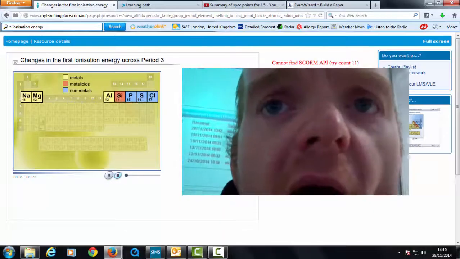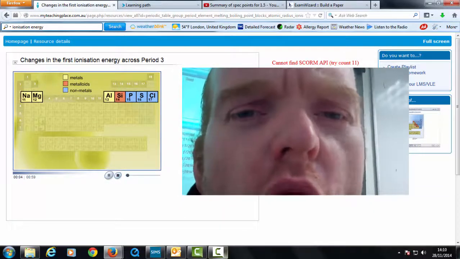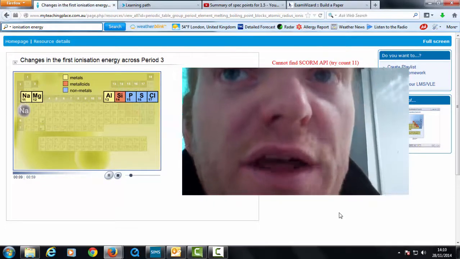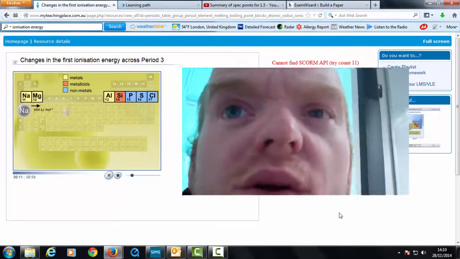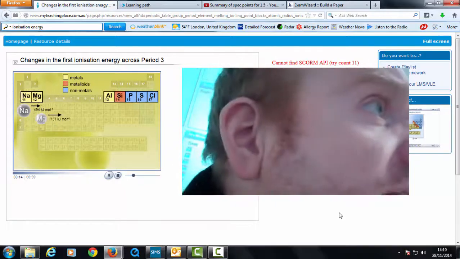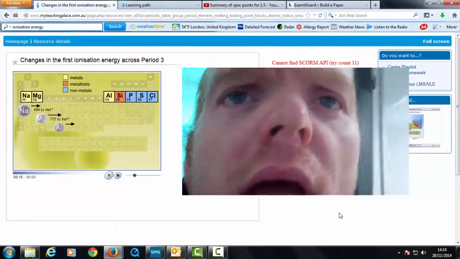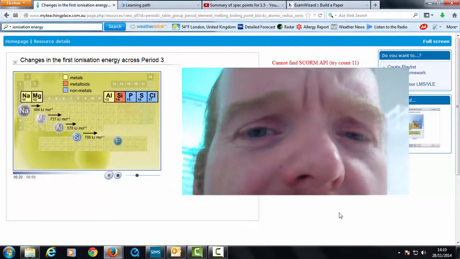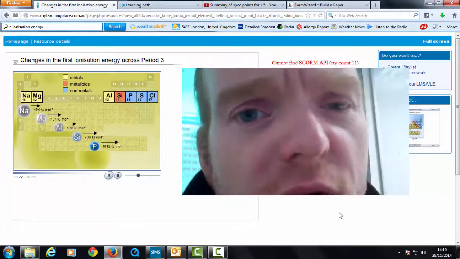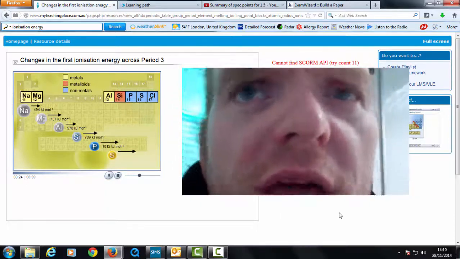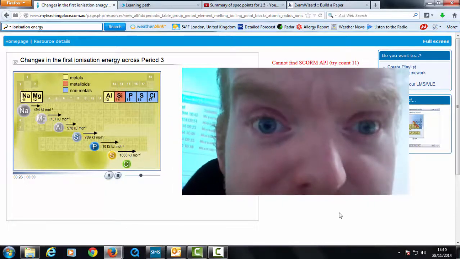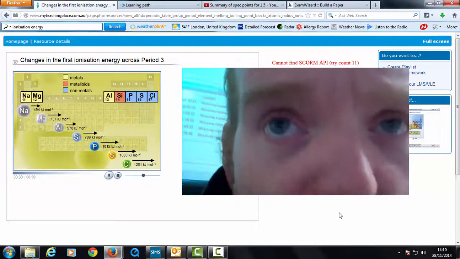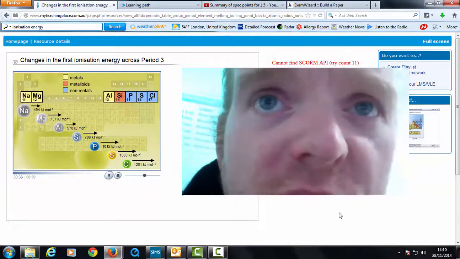So as we go across a period, there are a few things to notice. For example, in period 3, going from sodium to chlorine and then on into argon, the atomic radius is decreasing as we go across the period. The outer electron is being more attracted to that more positive nucleus because of the increasing number of protons.